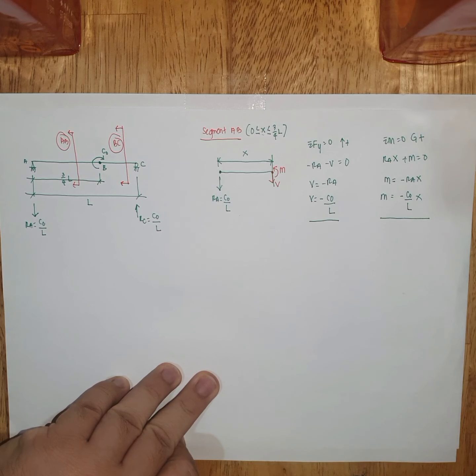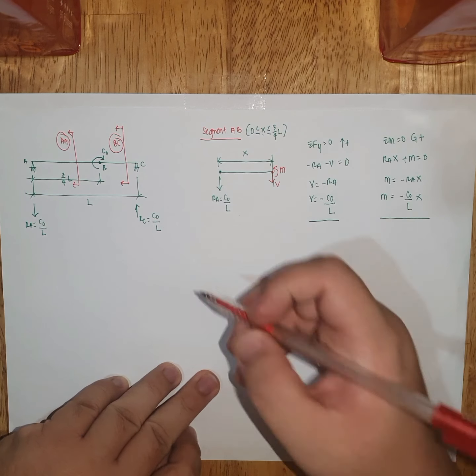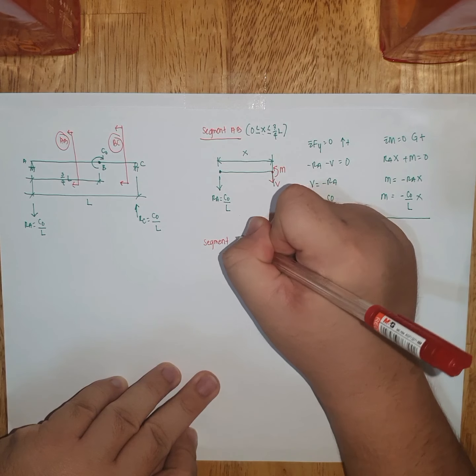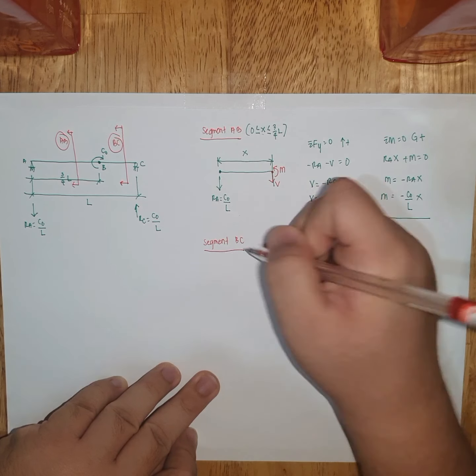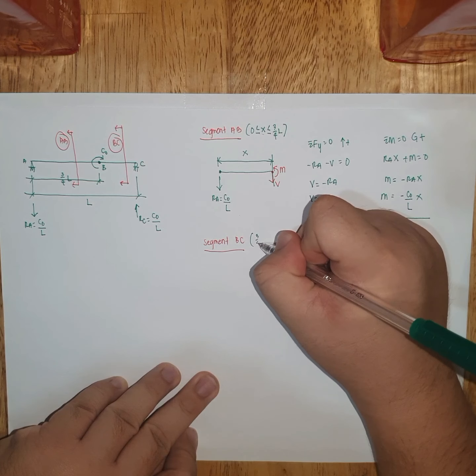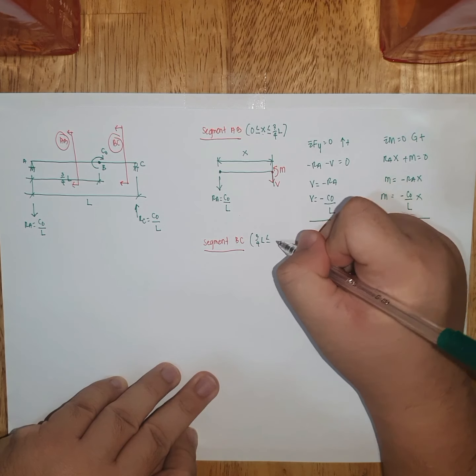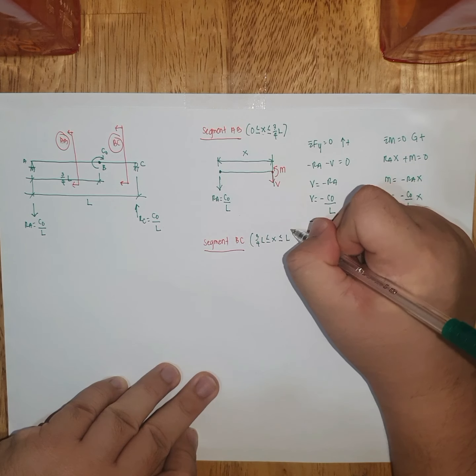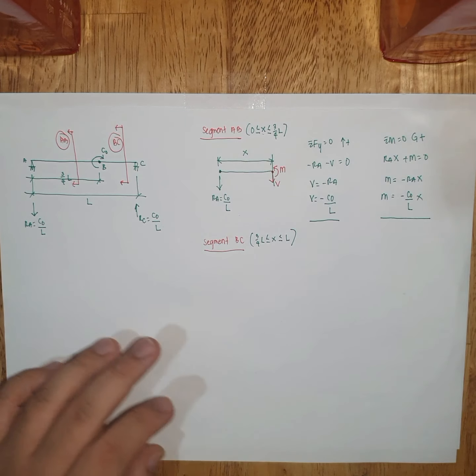Next is yung segment BC. Okay? Segment BC, which is applicable sa distance na 3/4 L ≤ X ≤ L, yung pinaka-end natin. Okay?